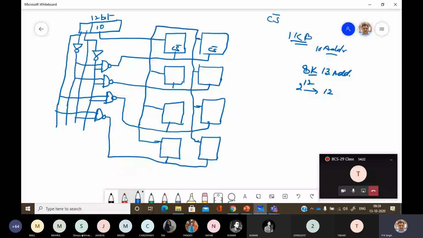This is the data line. It is bidirectional.